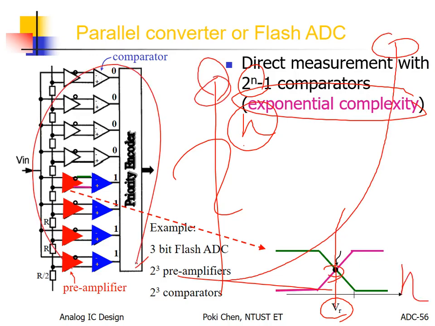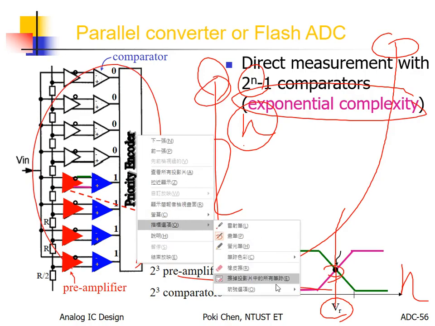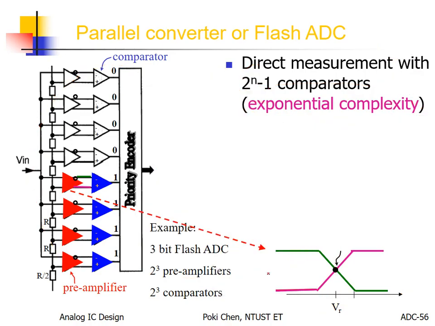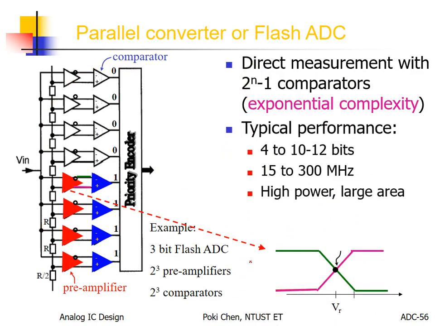That is real money wasting, area, power wasting. Okay, so this is the typical performance. Why 4? For very high frequency operation, gigahertz, tens of gigahertz, under such a high operation frequency, usually maybe sometimes only 3 bits.